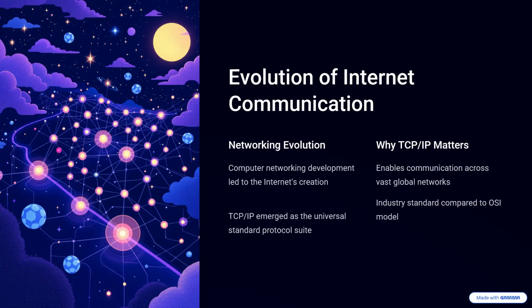This allowed different networks to interconnect, eventually forming what we now call the Internet. TCP/IP became widely adopted because of its flexibility, scalability, and reliability. It replaced earlier experimental protocols and became the backbone of global communication. Today, whether you are using a smartphone, laptop, or server, TCP/IP ensures that all devices can communicate effectively across vast distances.